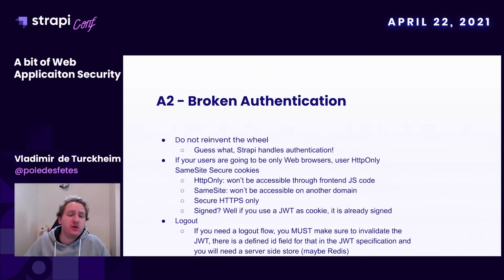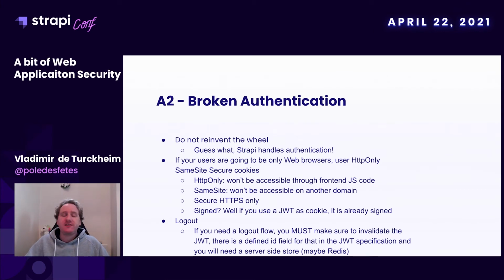But if you use a JWT as a cookie, and I said a JWT, not a JWT token, because the T in JWT already stands for token, if you use a JWT, well, it's already signed. So you don't need to sign a cookie that is already signed. So you're good with that.